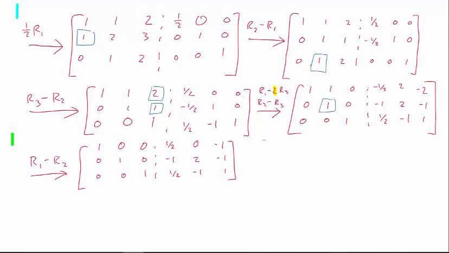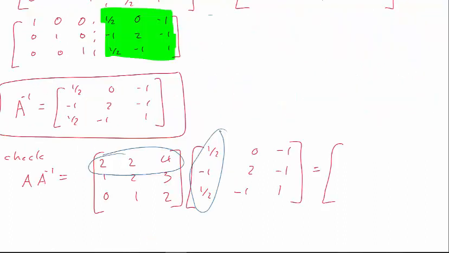Okay. And so our inverse matrix is this one I am highlighting in green right there. Right? That is our inverse matrix. So let's write that down. Minus 2 plus 2. So that is 1 right there.